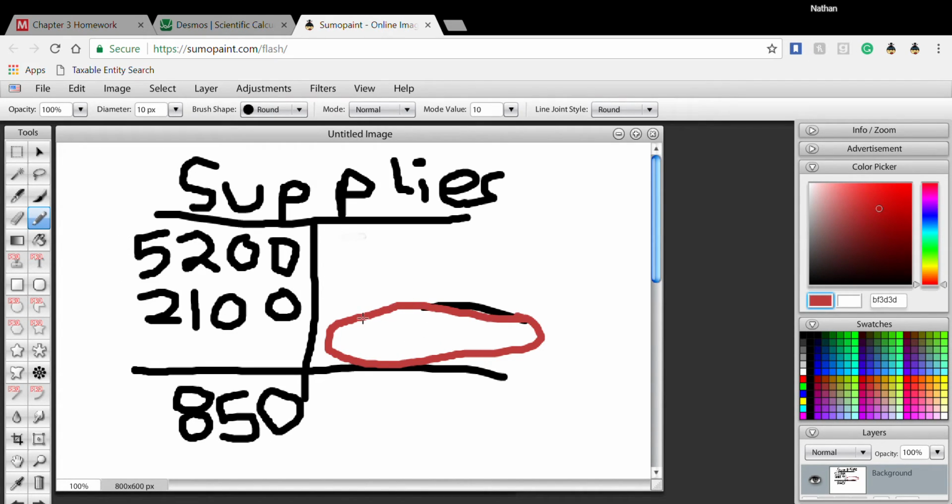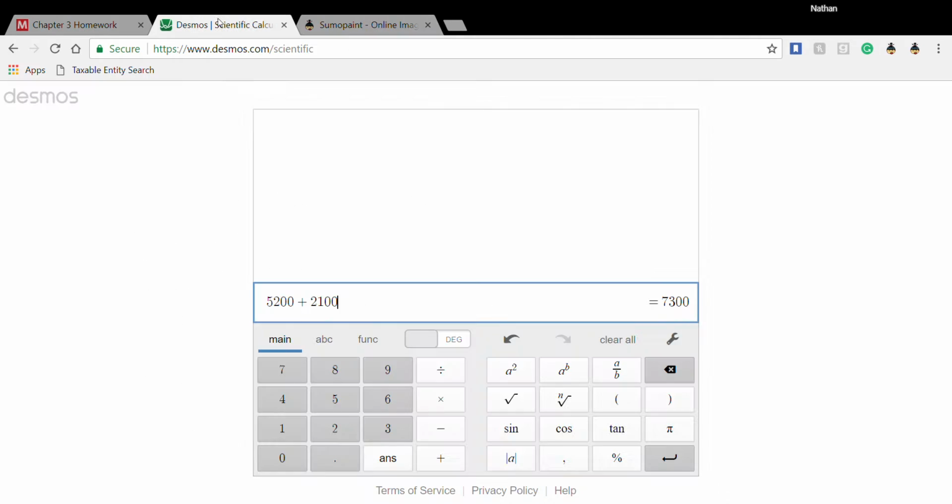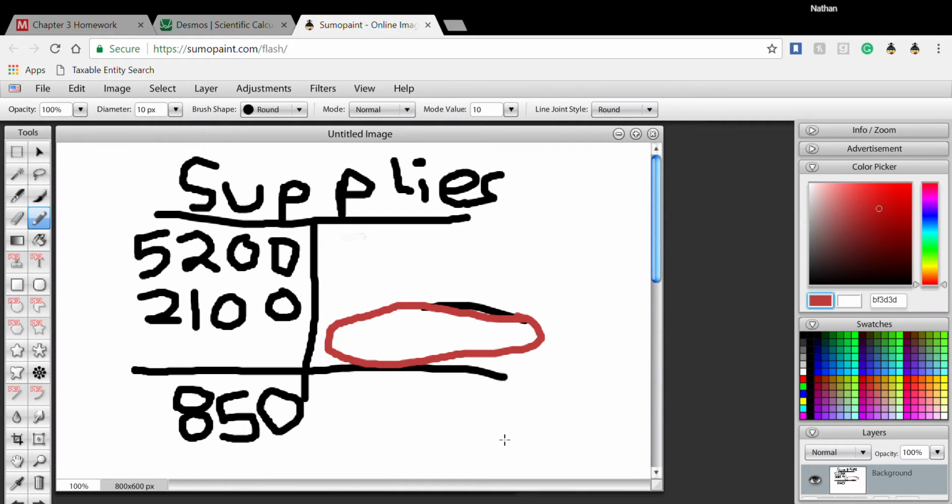That will figure out the missing link that's right here. So, minus 850. And I should actually have 6,450. That should be my credit. So 6,450 should actually be right here.